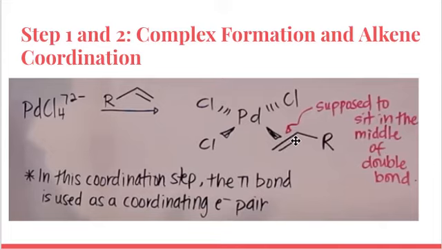So you can see that here. And palladium is depicted as sitting basically in the middle of the double bond, but in actuality, since you know that a bond consists of sharing of 2 electrons, a covalent bond, that means that really only one of these carbons is involved in the sharing of electrons. Yeah, so the pi bond is used as a coordinating electron pair.